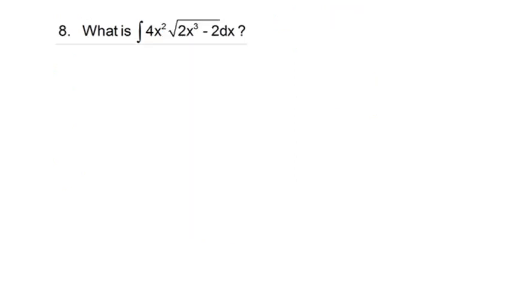Next, we're going to go to our last problem here, the integral of 4x squared times the square root of quantity 2x cubed minus 2 dx. So in this case, we're going to take what's in the radical here. We're going to let u equal to 2x cubed minus 2.